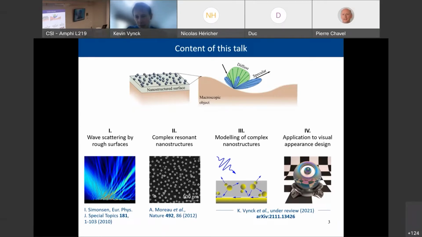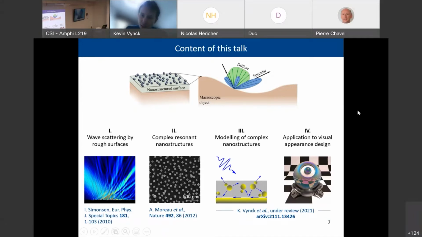In the third part, that will be the most technical, I would say, I will discuss more specifically the modeling of those structures. So in particular, I will try to give some insight on how we can engineer the particles and the disorder to obtain some specific functionalities.